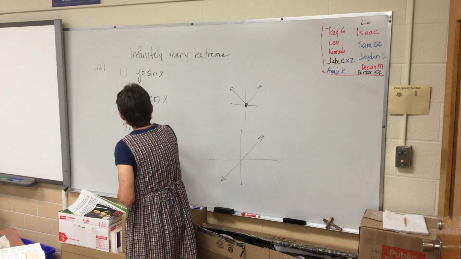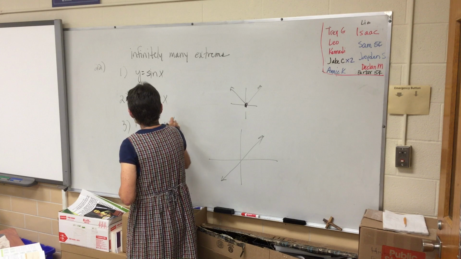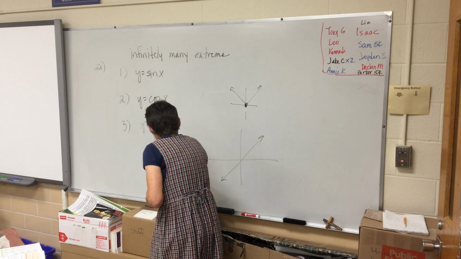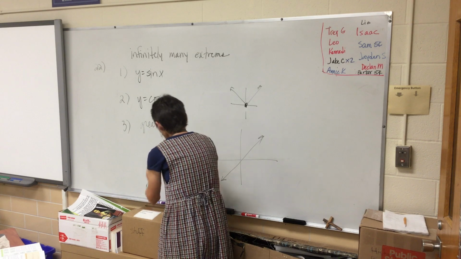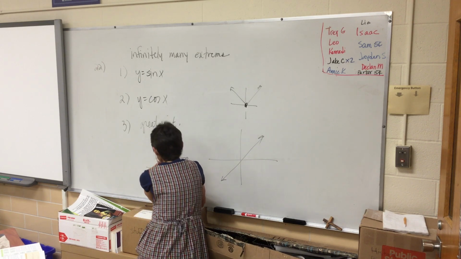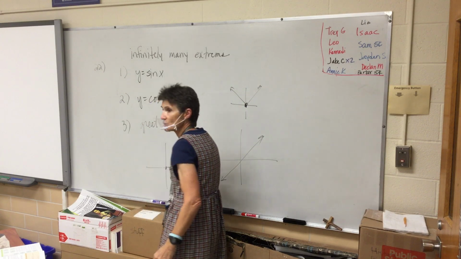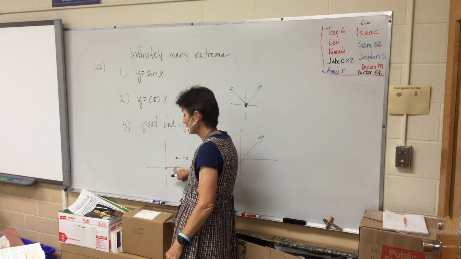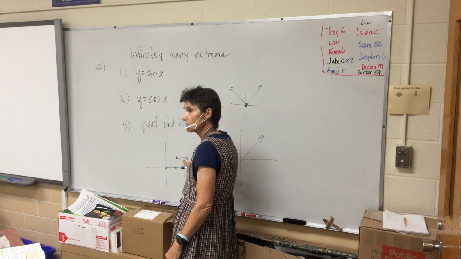If you look at the greatest integer function, at this spot right here, that's as high as the curve gets. That would be the maximum value right here. But what about this piece?